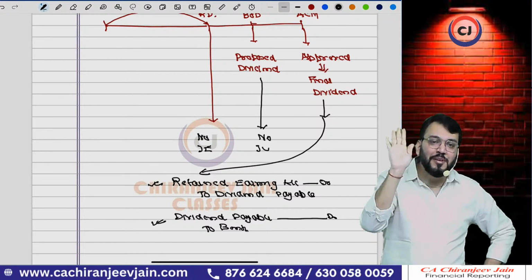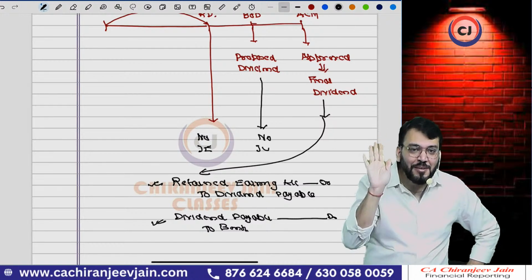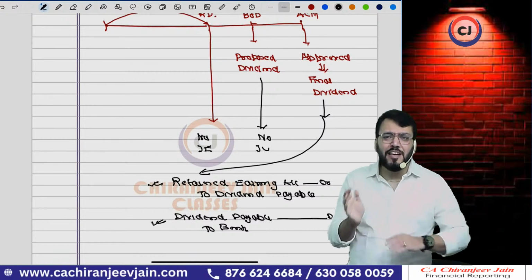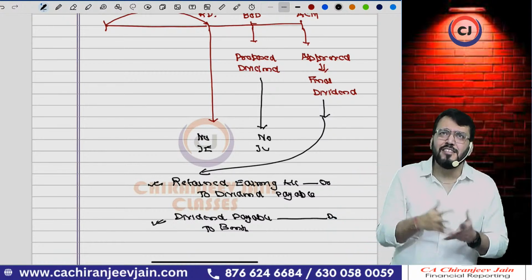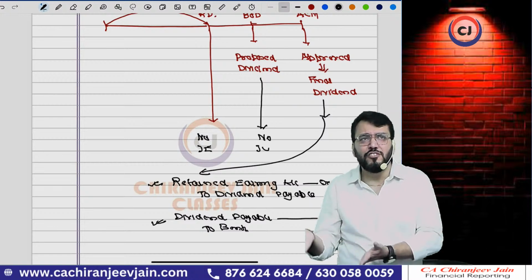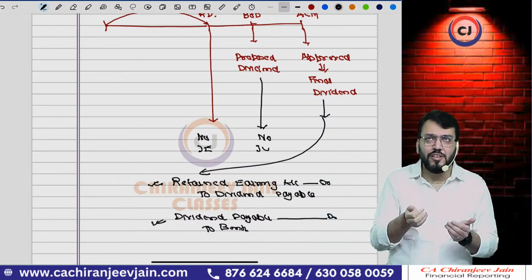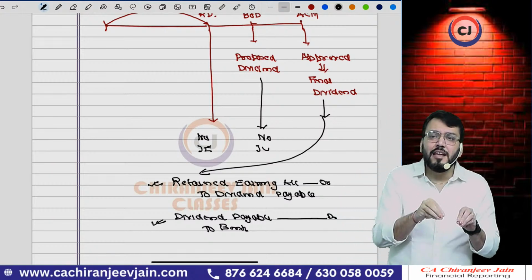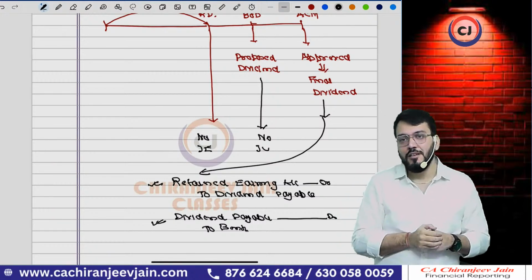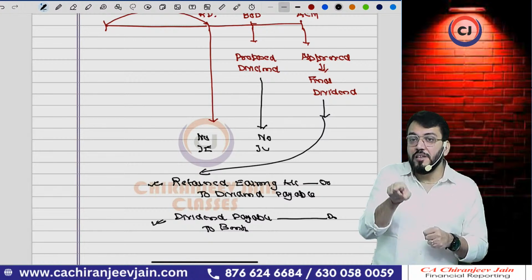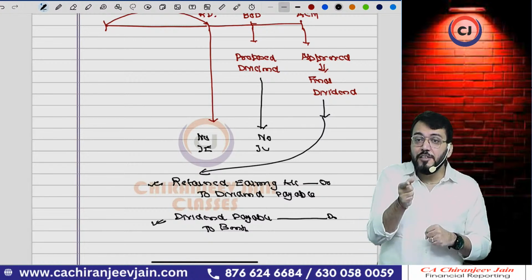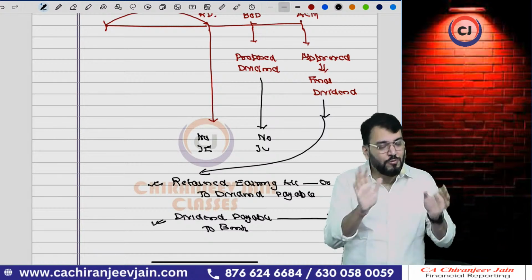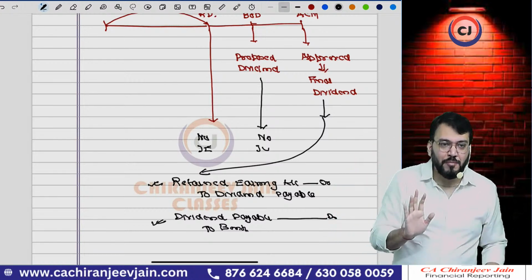You are paying something to the equity shareholders, so why is it not debited to PL? As simple as interest is paid to debenture holders, dividend is paid to shareholders. So why is it not an expense? Whatever is debited to PL is an expense, and if it is not debited to PL, it is not an expense. So why? This was a doubt in my mind.